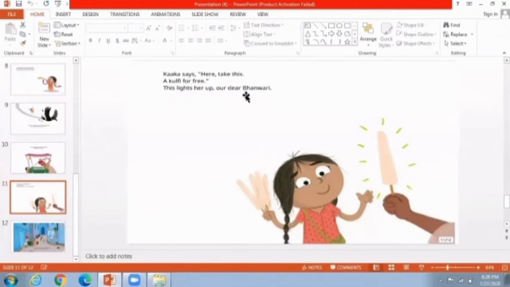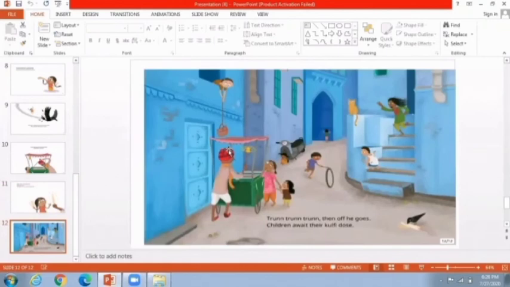This lights her up, our dear Bhavri. So now Kaka offers a free kulfi to Bhavri, and in this way this problem comes to an end. Then off he goes. Children await their kulfi dose. Now Kulfi Kaka leaves the street because other children were waiting for him.